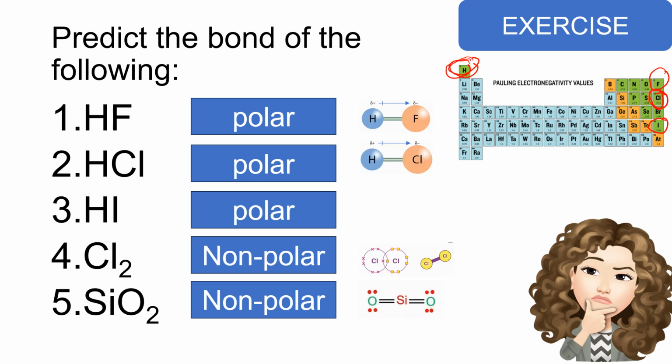So we have this as an example a while back. You have a linear geometry and it cancels out your dipole moments, making it non-polar. Okay, if you got that right, let's move on.